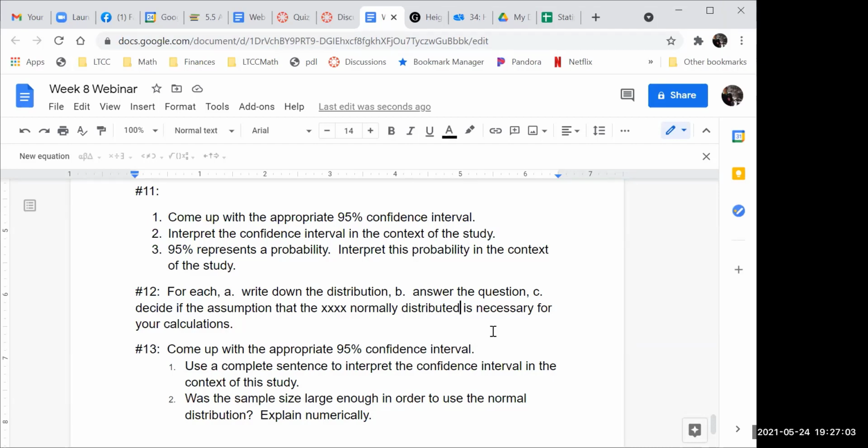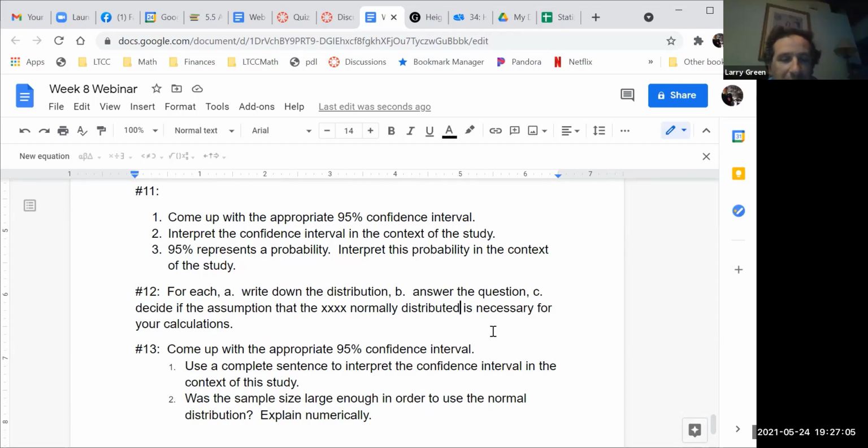Yep, 30, over 30. Okay, if you talk about proportions, it's NP and NQ greater than 5. So it depends on which one you're doing. Any questions on that? Okay, and I want to let you know there are 3 parts, A, B, and C. Do all 3. If you only do part A or do part B, because that's what people do, then you're going to lose a lot of points for not doing A and C.